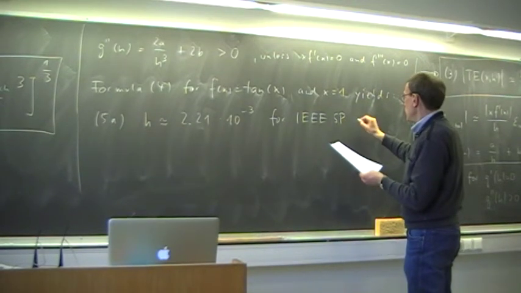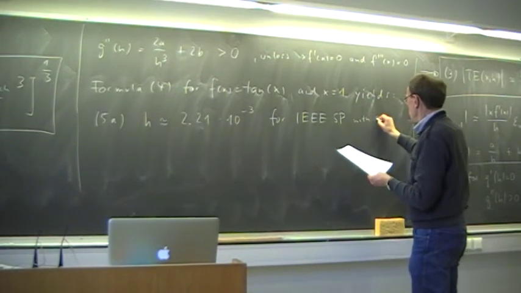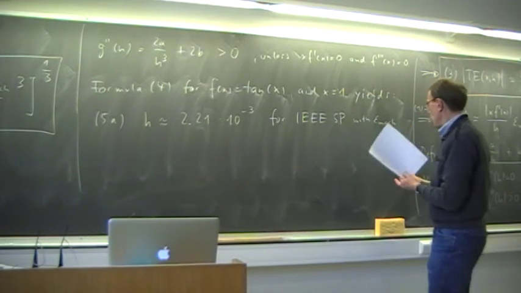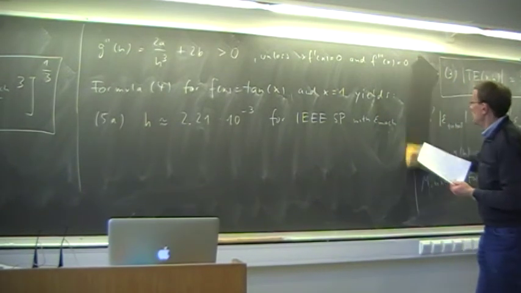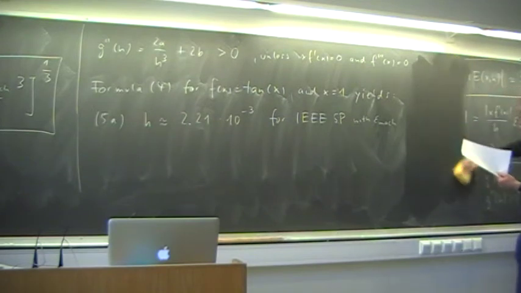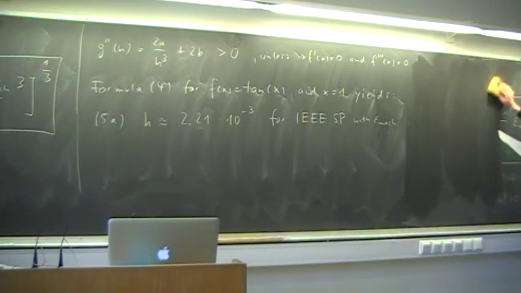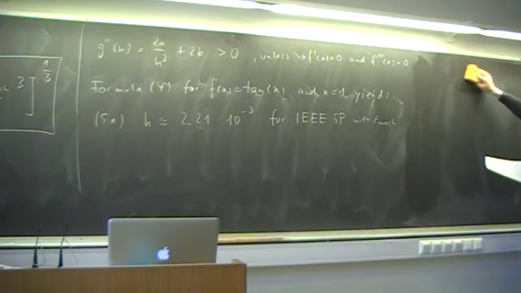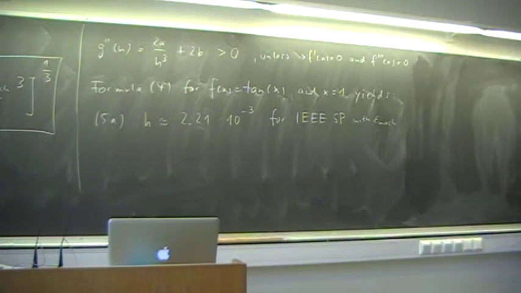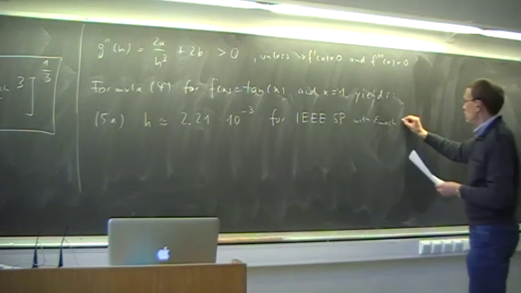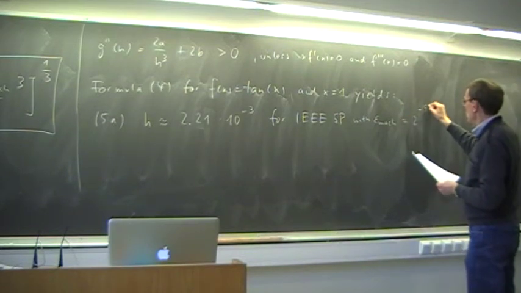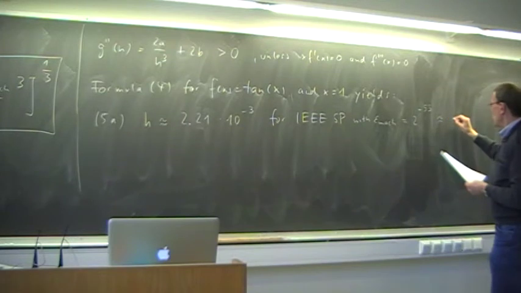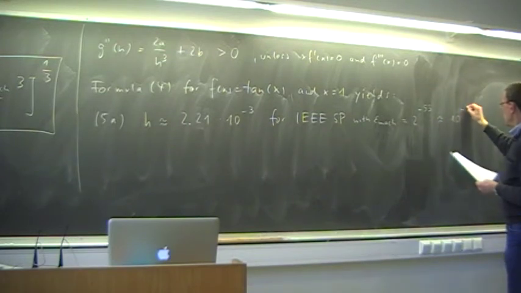The machine epsilon for this standard, which is the standard of the Institute of Electrical and Electronics Engineers, IEEE, is equal to 2 to the power minus 53, which is approximately 10 to the minus 16.